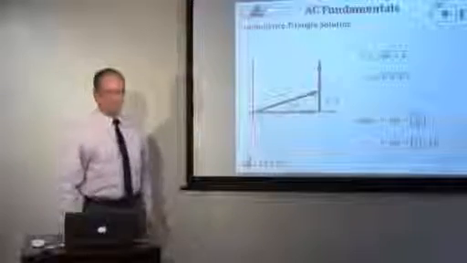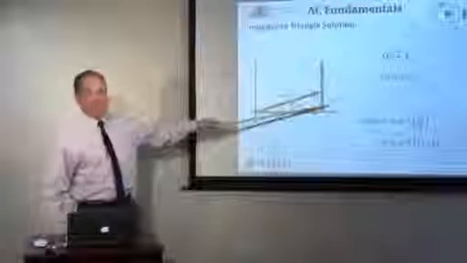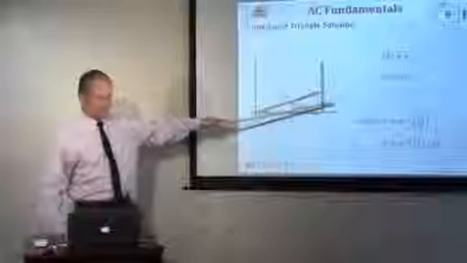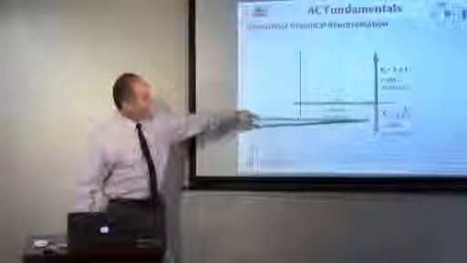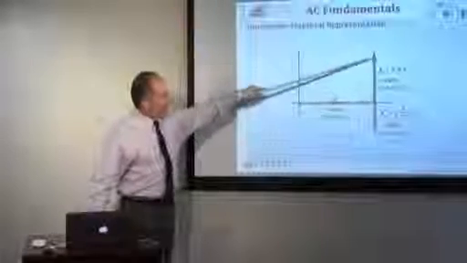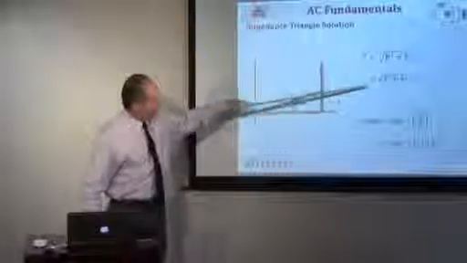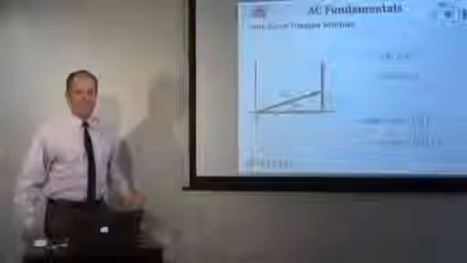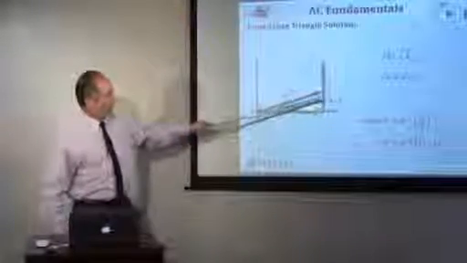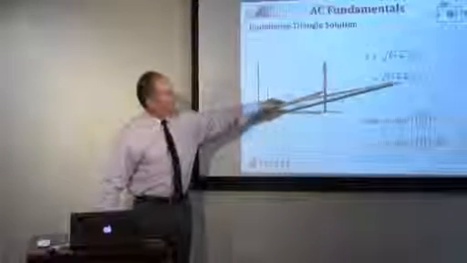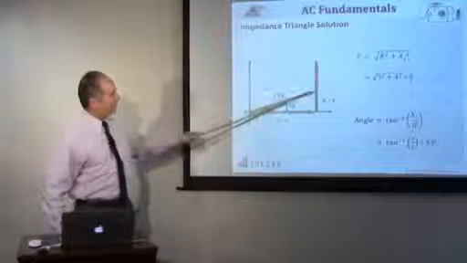Now remember, the VARs can cancel out and become just watts. So here's a case where we have resistance of 3, we have net VARs of plus 4. We had some capacitive here. If you go back here, if you take this and subtract it off of here, what you're left with is some inductive VARs. Now, if this is 3 and this is 4, and you go 3 squared plus 4 squared, the square root of that is 5, then this becomes 5.